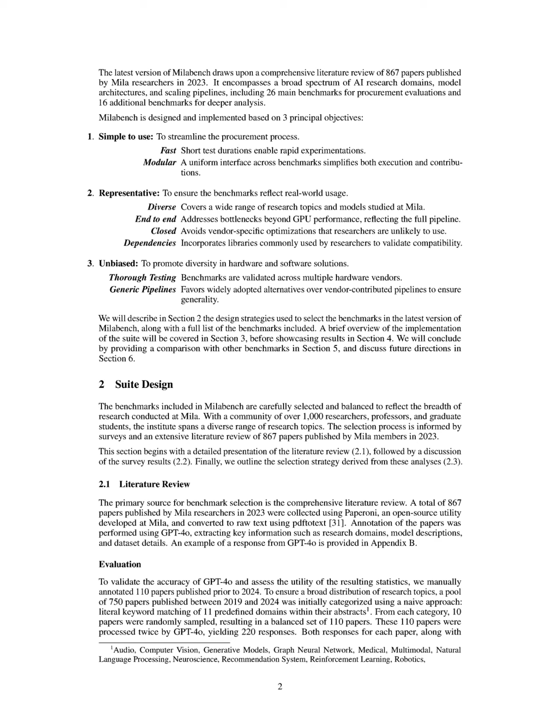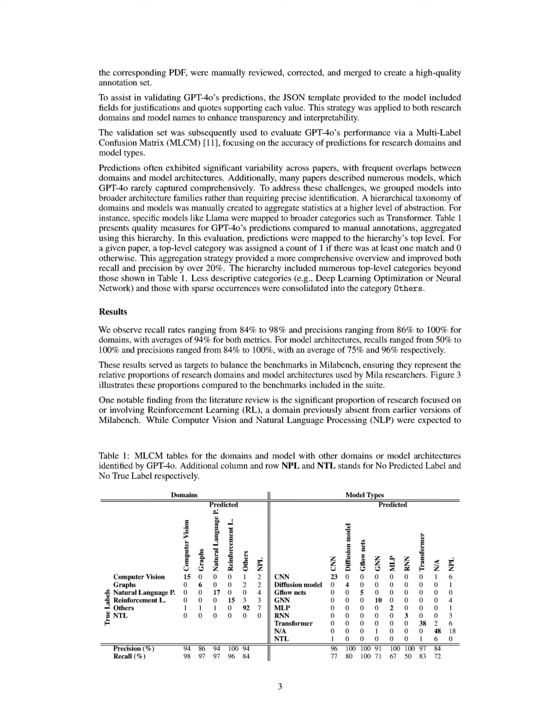To assess the accuracy of GPT-4o's predictions, a validation set of 110 papers was manually annotated, ensuring a balanced distribution of research topics. The performance of GPT-4o was evaluated using a multi-label confusion matrix, MLCM, focusing on the accuracy of predictions for research domains and model types, achieving recall rates between 84% and 98%, and precision rates from 86% to 100%.